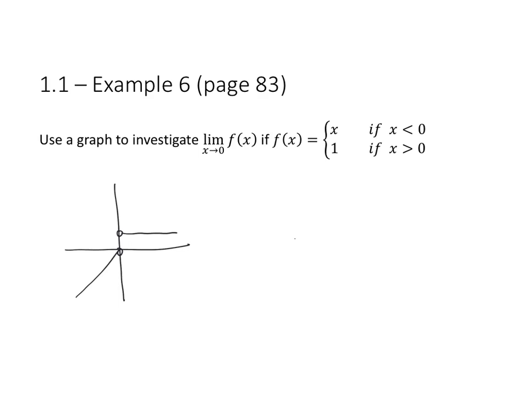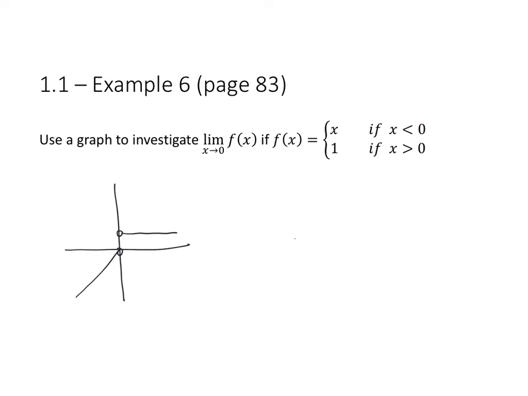Let's look at another limit. As x approaches 0 of the function f of x, again we have a piecewise function. When x is less than 0, we have the function f of x equals x, so this y equals x line. And then when x is greater than 0, we have y equals 1, this horizontal line here. Notice they're both open circles because we don't have an equals to anywhere in our explanation.